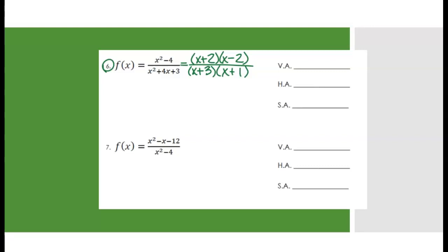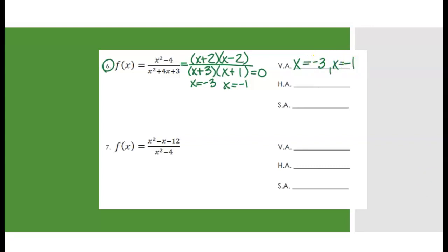Are there any common factors on top and bottom you can cancel out? No. So are there any holes in this rational function? No. So I'm going to proceed as I typically would to find the vertical asymptote. I would set the denominator equal to 0. I get x equals negative 3, and I get x equals negative 1. So those are my vertical asymptote values.